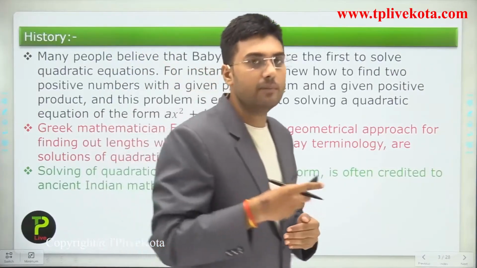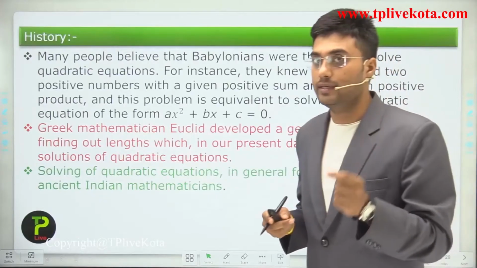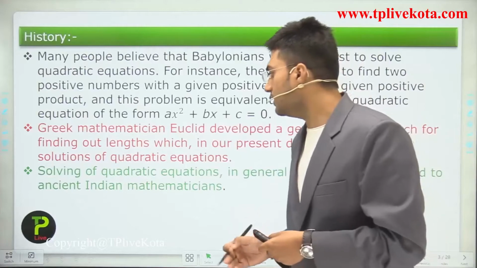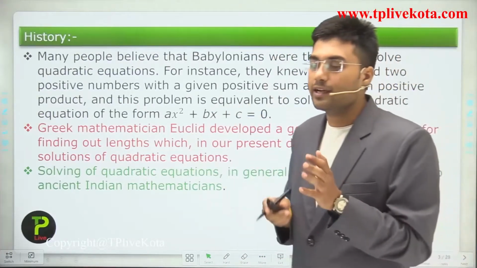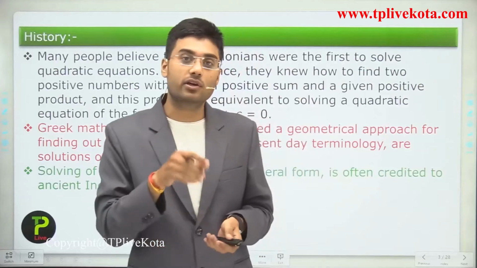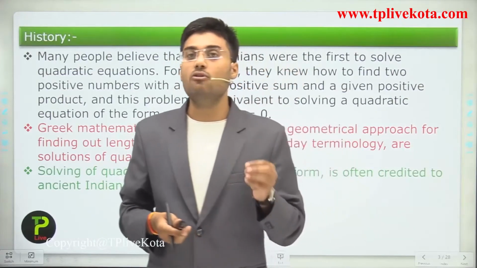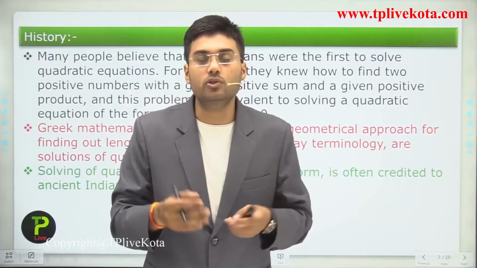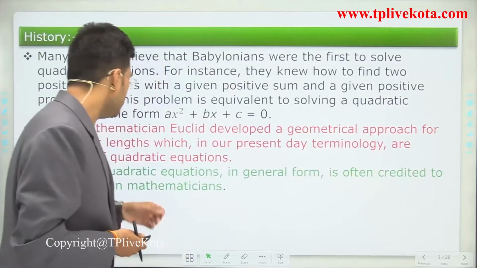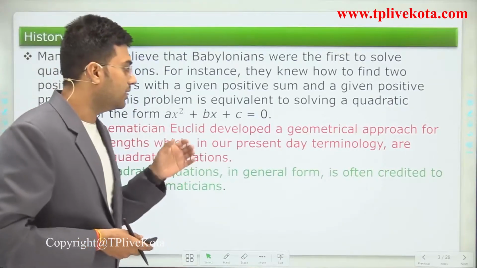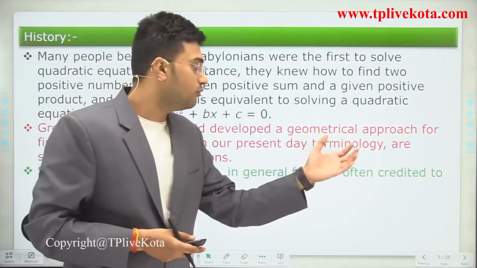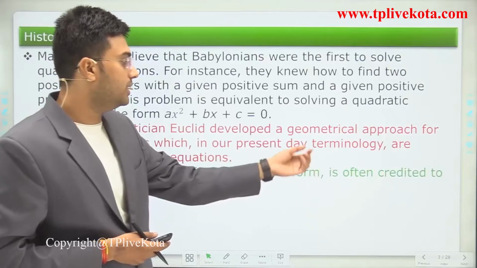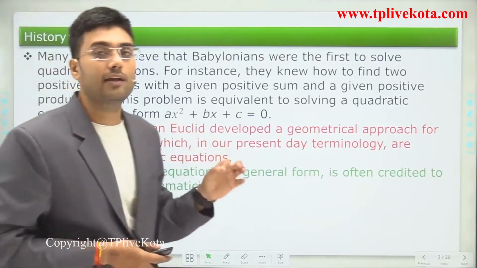Now after the Babylonians, the next is Euclid, who is from Greek society. We already studied Euclid in the chapter Introduction to Euclid's Geometry. He is the father of geometry. He developed a geometrical approach to solve quadratic equations, for finding lengths which in our present day terminology are solutions of quadratic equations.